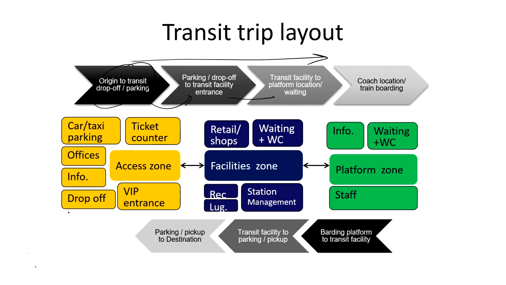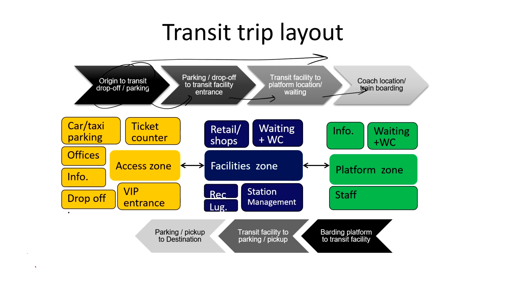From there, the passenger goes to the transit facility platform locations or the waiting area, and then to the coach locations or a train boarding point, any coach location or identification of coach positions.